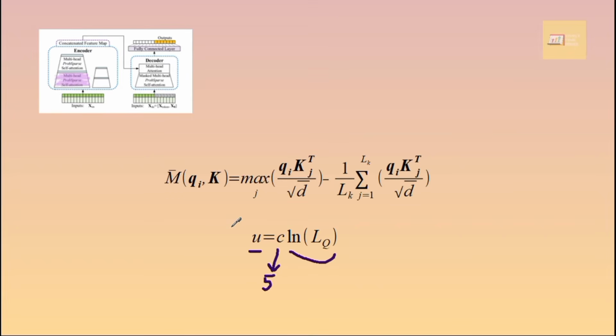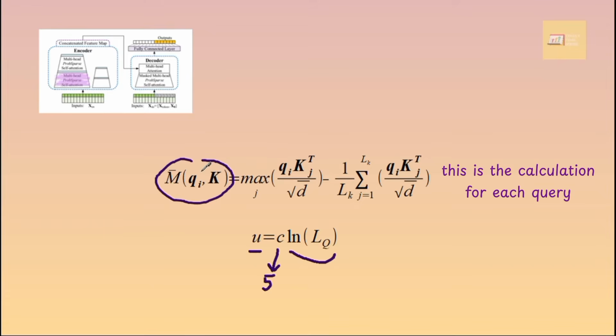And we take the U dominating queries by comparing their query sparsity measurement. That score is denoted as M bar, and this bar sign indicates that this value is actually an approximation. So in summary, to get a sparse matrix Q bar, we need another approximation.